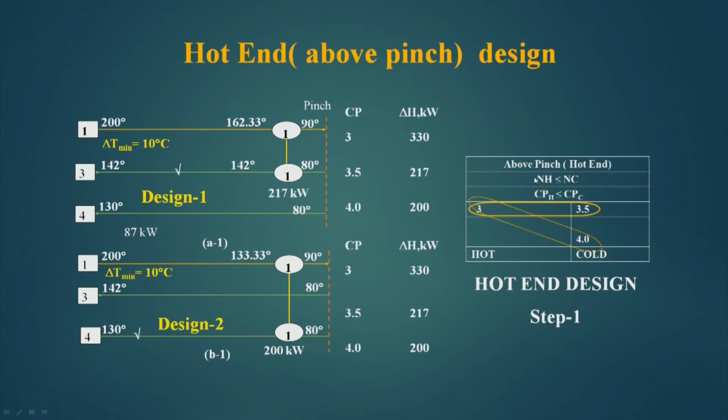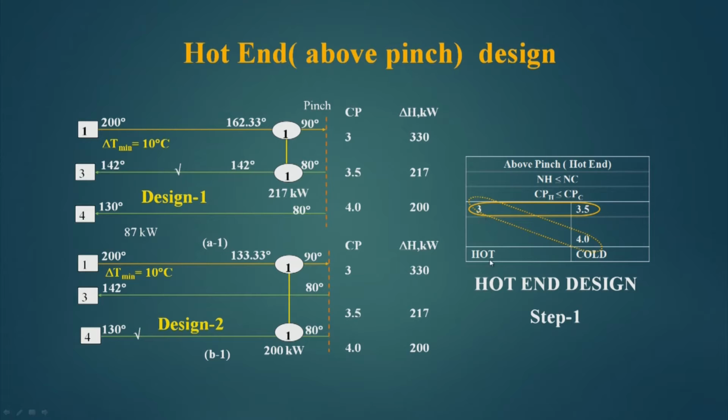The rules which we have to follow are 2 rules. NH should be less or equal to NC, that means, number of hot streams should be less or equal to number of cold streams. This is the first rule. The second rule is CPH, that is CP of the hot stream should be less than or equal to CP of the cold stream when we are putting up a match.